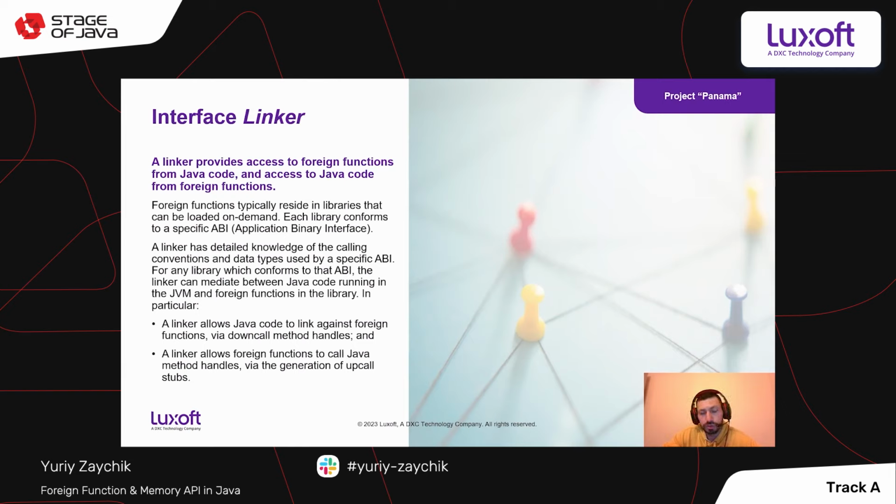So in particular, Linker allows Java code to link against foreign functions using so-called downcall method handles. And it also allows foreign functions to call Java method handles using upcall stubs.